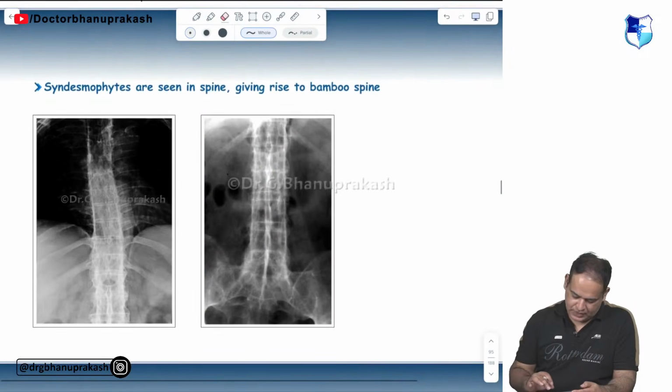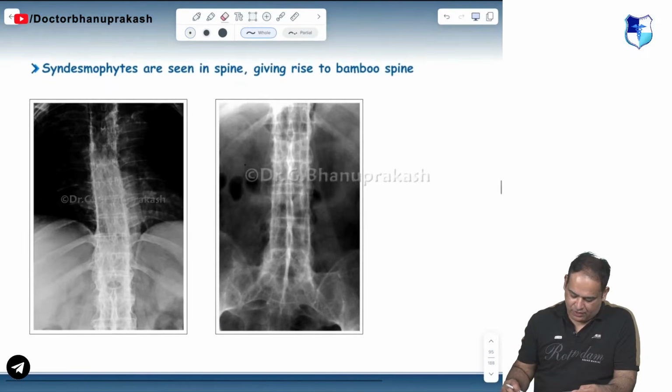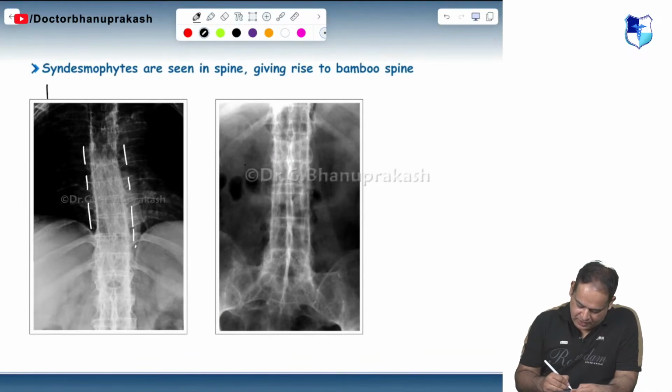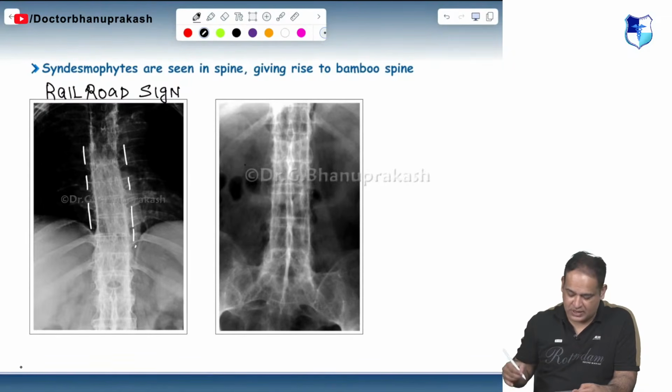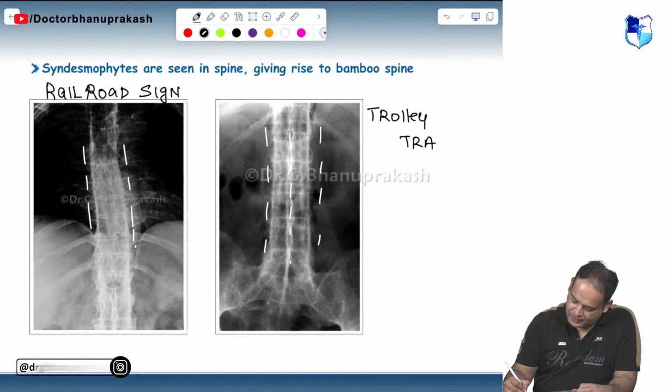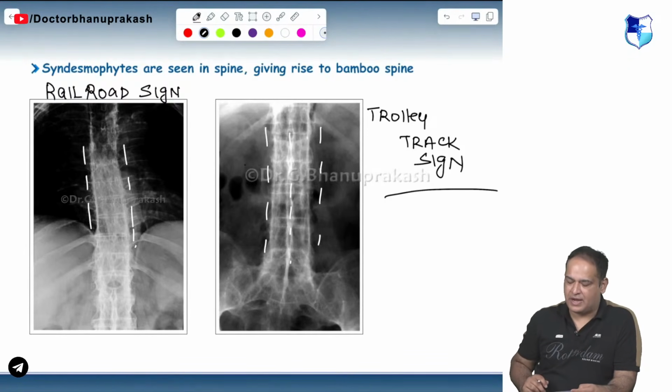Now, if you see white line on the side, this is called as railroad sign. Now, if you see both white line in the side and white line in the center also, this is called as trolley track sign, right?